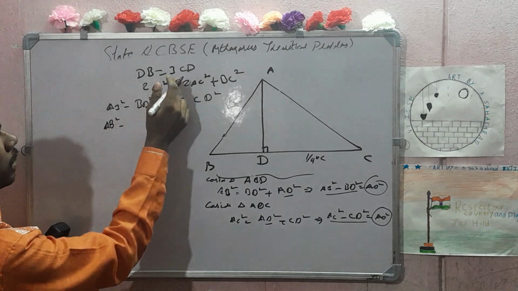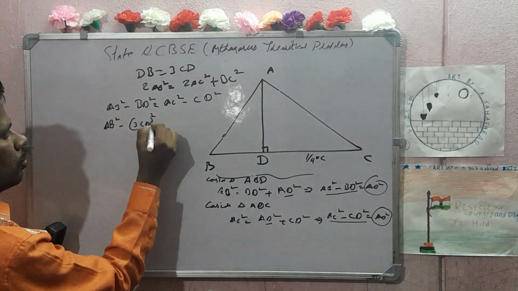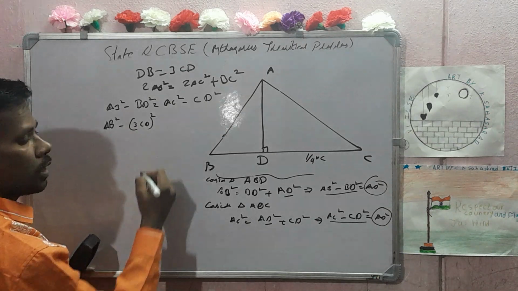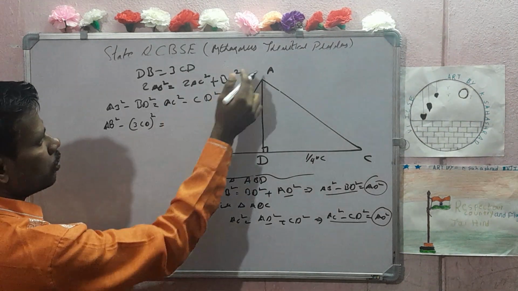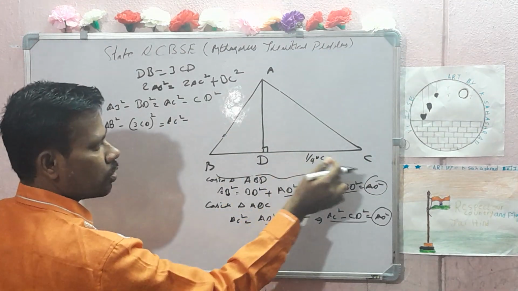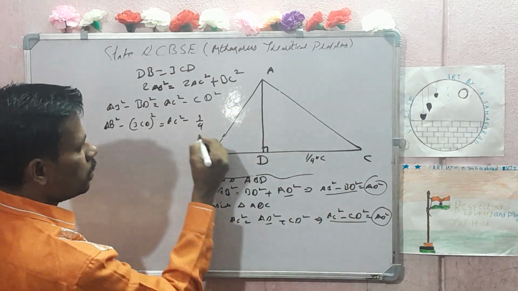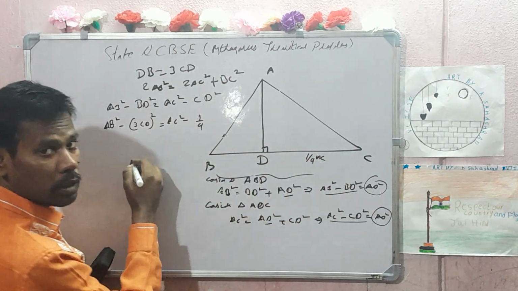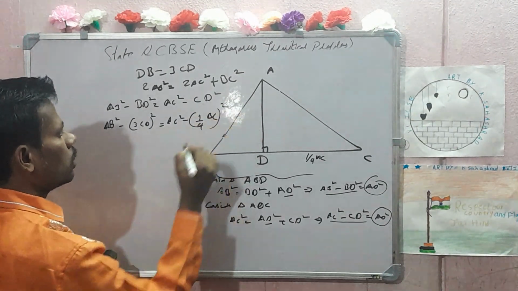BD is given no, 3 times CD. 3 times CD whole square, right? This can be written like this, is equal to AC square, right, as it is. CD square, just now we found no, CD is nothing but 1/4 of BC. Here 1/4 of this, just refer to the diagram, refer to the simplification what I have written just now.